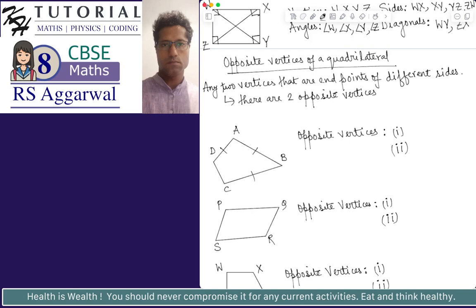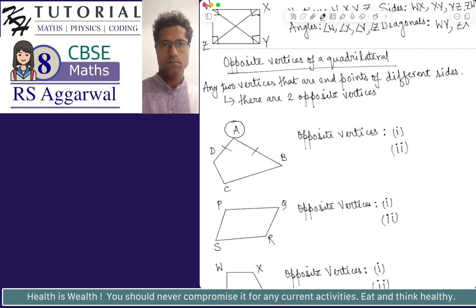Now, if you take two vertices that are endpoints of different sides, consider the vertex A. Vertex A is an endpoint of the sides AD and AB.